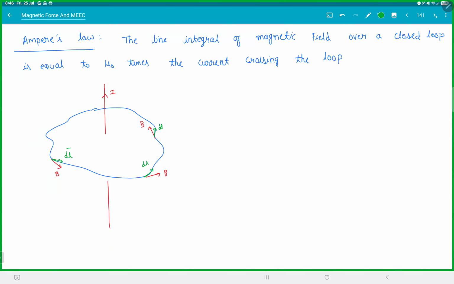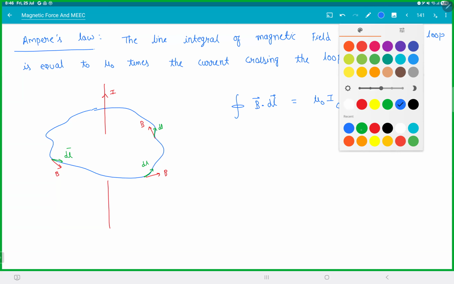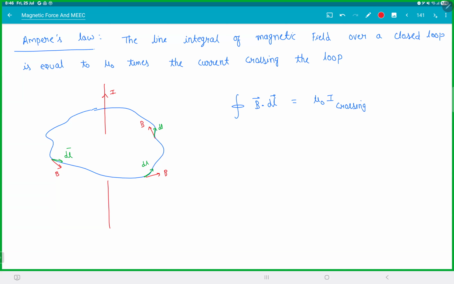So if you integrate, line integral meaning, so integral B bar dot dl. So for every segment, integrate B dot dl, and if you add all of them, he's saying this will become equal to mu naught I, where I is the current crossing the loop. This is your Ampere's law.